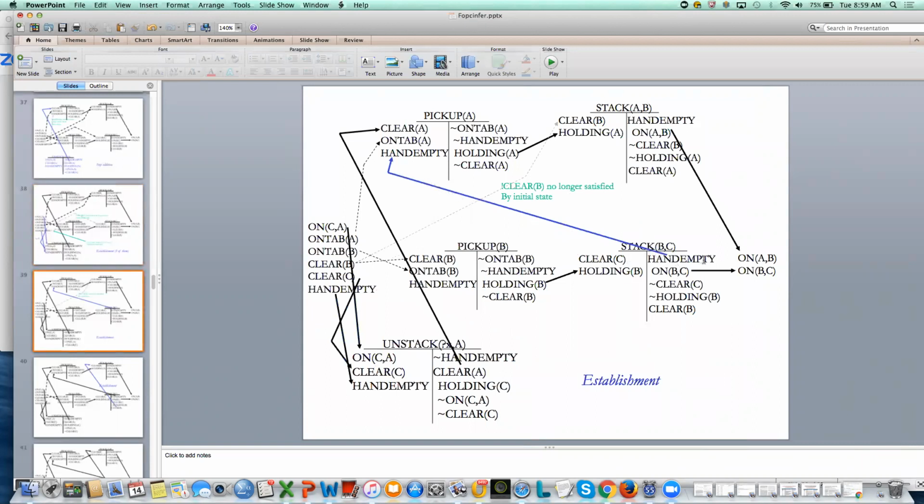stack BC, the hand empty there is what is supporting that hand empty there. And once you establish that as a link, and again, this is part of a big search space, so this is all going to be looking down one path of a state space search. But one operator would be use that hand empty to support that hand empty, and that determines an ordering, that stack should come before that pickup.